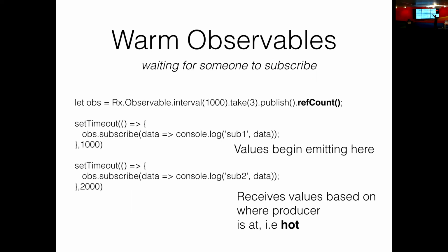There's nothing happening until this guy starts subscribing. Then suddenly it turns hot. So this is a really great way of deferring the values actually being emitted, when you want the hot behavior but you still want to wait for that first person. It's like you have your friends over to watch a game, and the first guy who presses play, that's when it starts. It's almost like a TiVo, right?